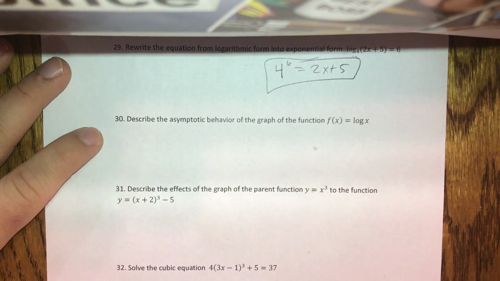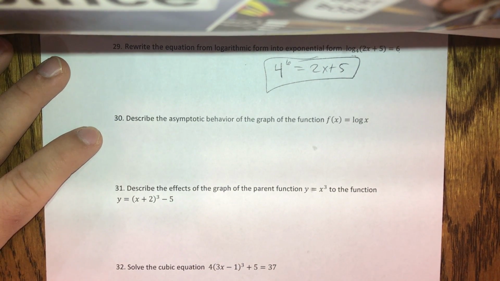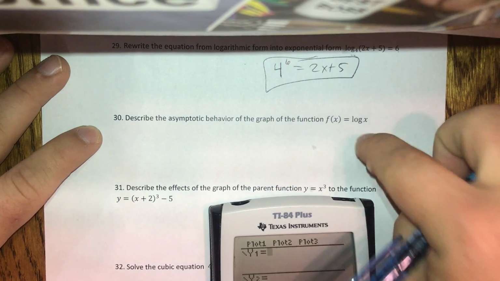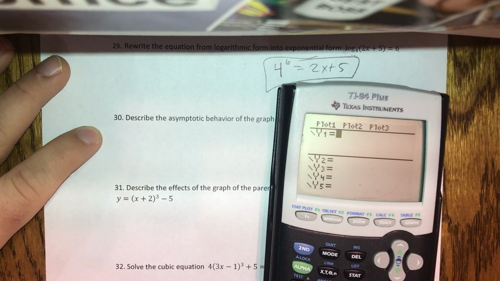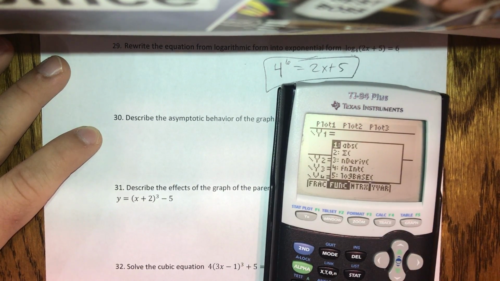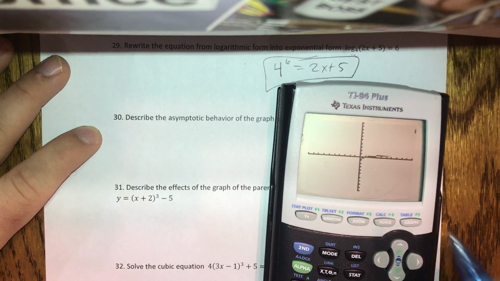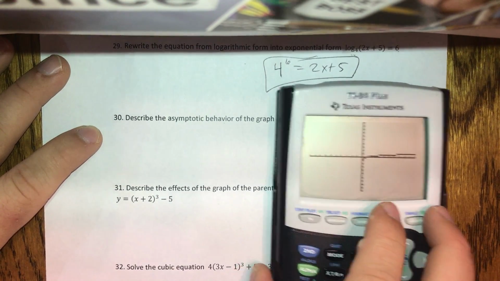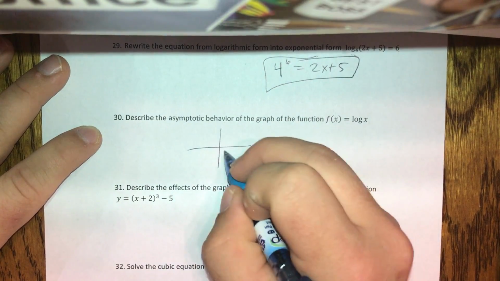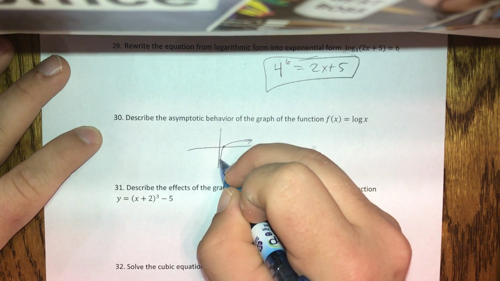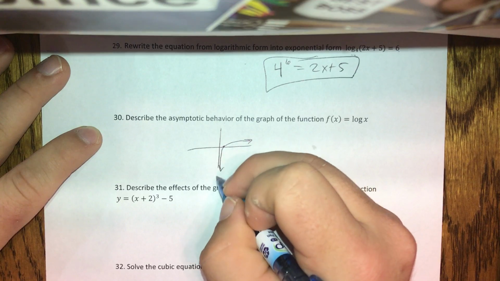So just the asymptote. If we want, we can look in the calculator. This one's kind of hard to see. The implied base is 10. It's kind of hard to see on this calculator, but if you were to zoom in, it's going to look something like this right here, where it never touches the y-axis.